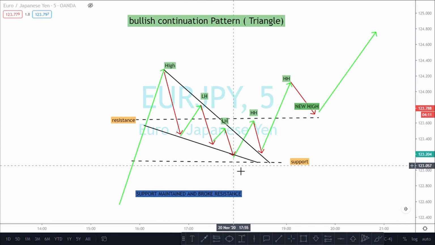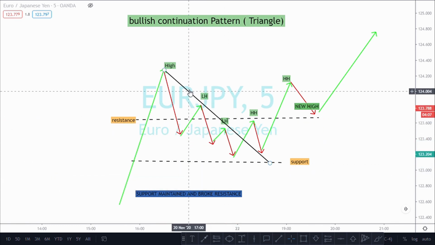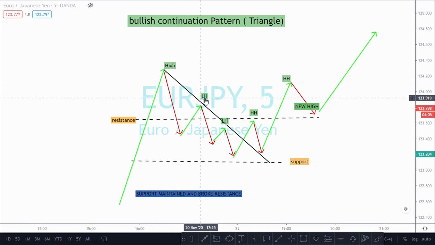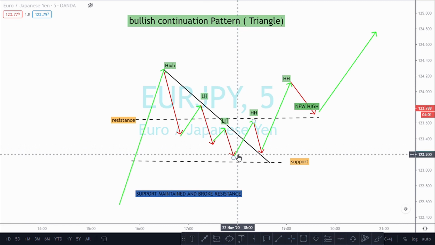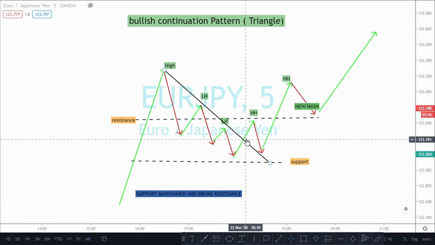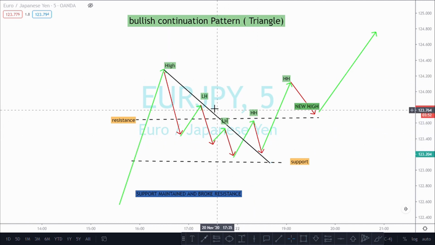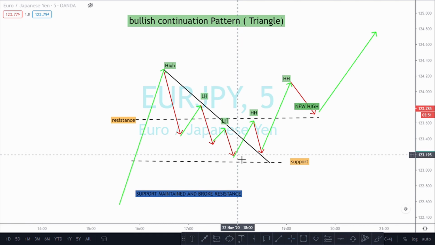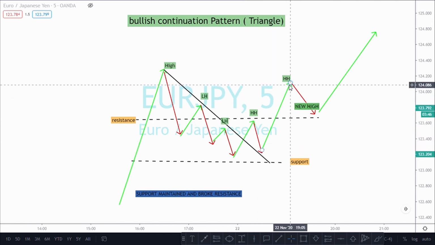Anyways, what happens now is you have a lower high, and then price will come down here, probably touch the support and then break. See, it breaks now, so this trend line right here becomes null and void because the price breaks above it, comes back and retests right here, and continues to push.